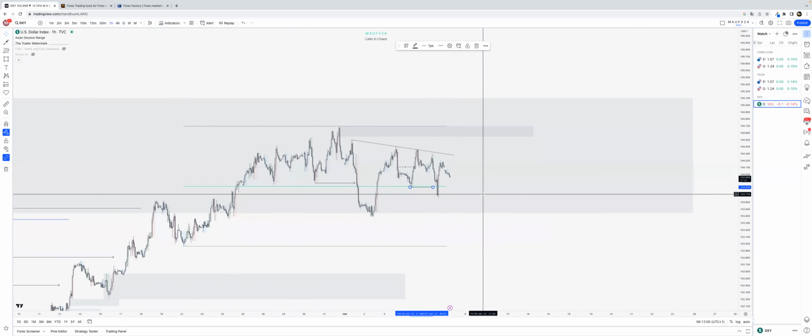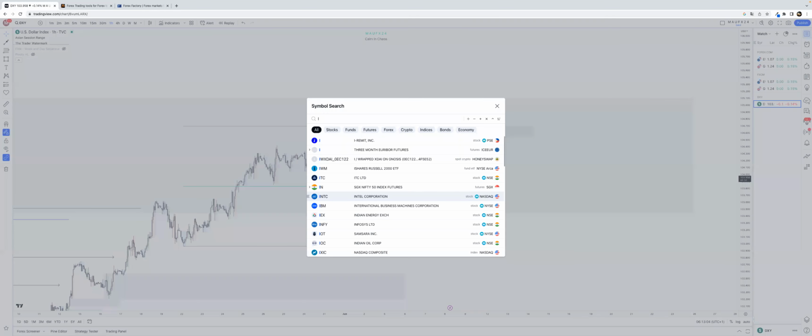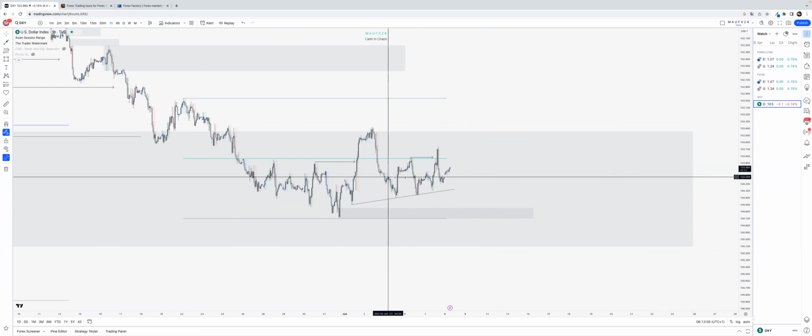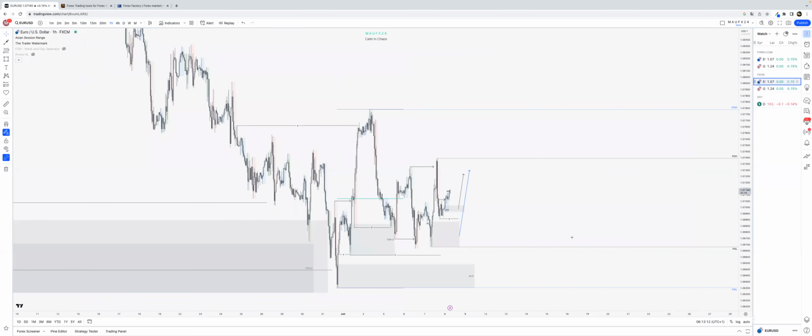Let me actually do this, if it lets me. Oh, sorry, option I. So bullish break, no bearish break. And if we go to EU and then option I, bearish break, and we do get the bullish break.